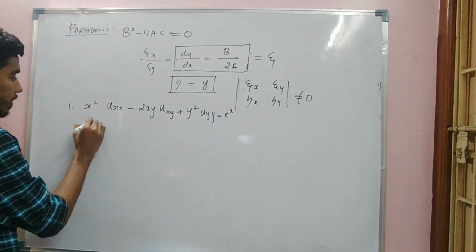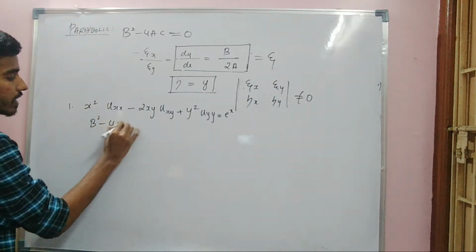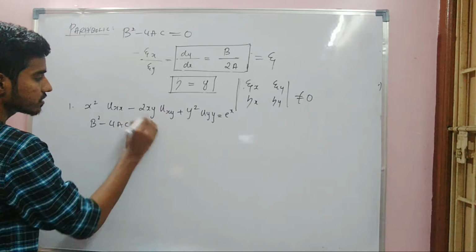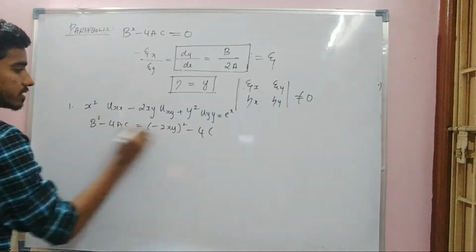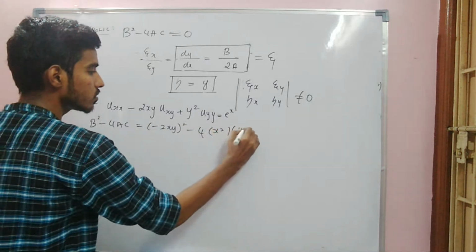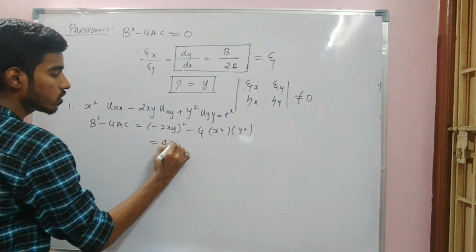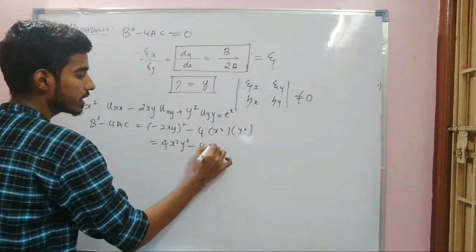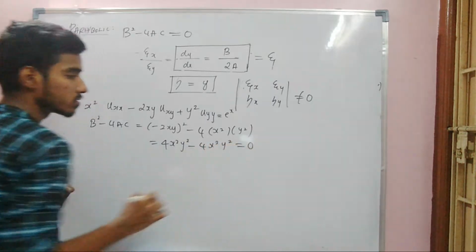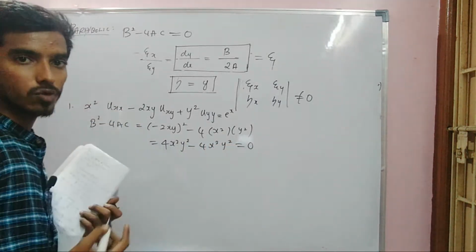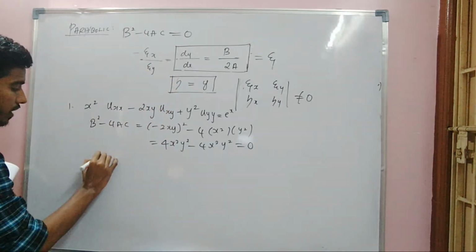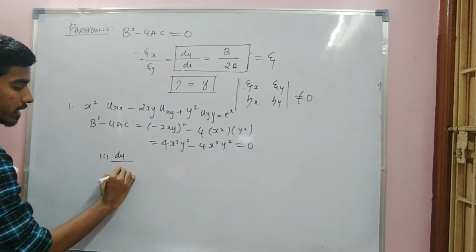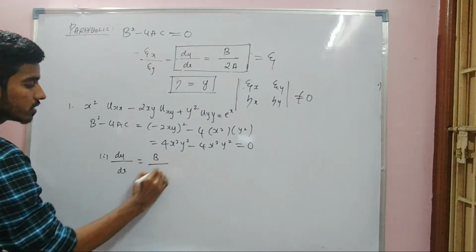Now what will be my b square minus 4ac? So b square is minus 2xy whole square, and a is x square and c is y square. So we have 4x square y square minus 4x square y square. It is 0. That means it is parabolic. So for parabolic, these are the two characteristics. So first we need to find dy by dx is equal to b by 2a.